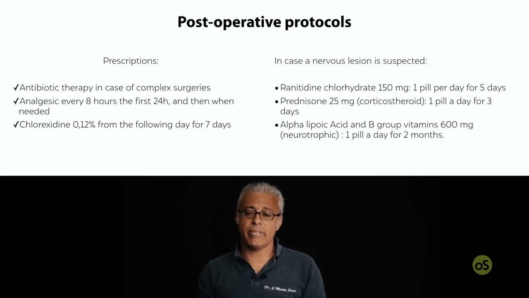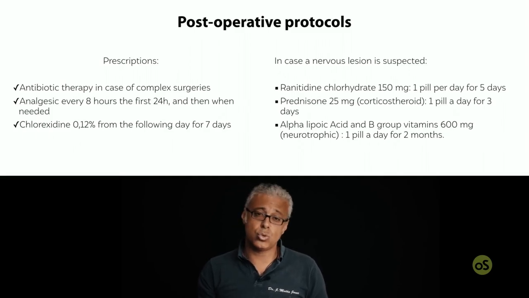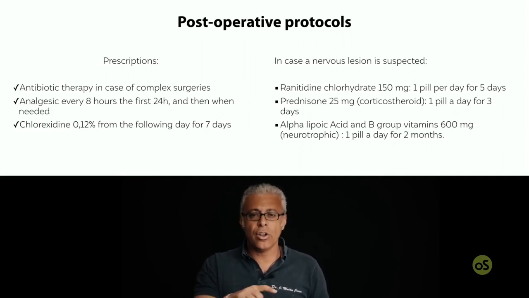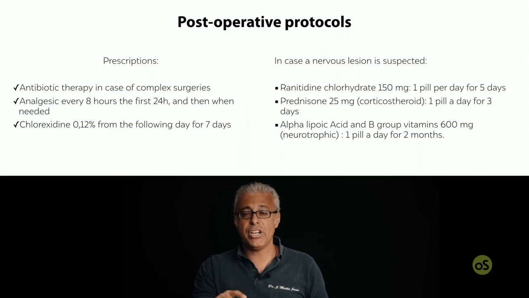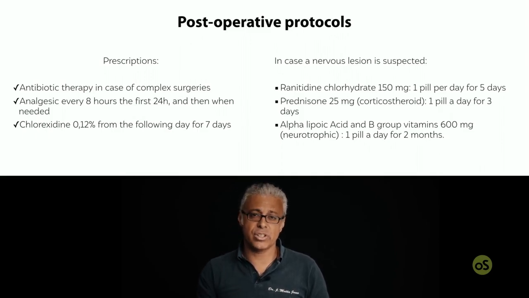In this case, we give alpha-lipoic acid with a vitamin B complex for 1 month to 2 months, depending on how the patient goes on in the first period of recovery.